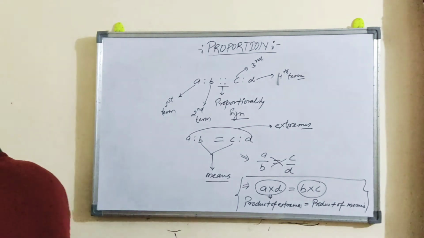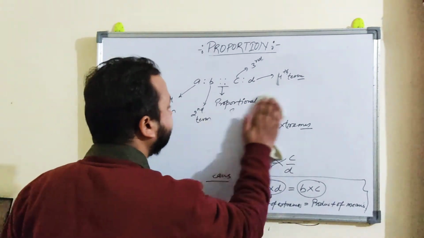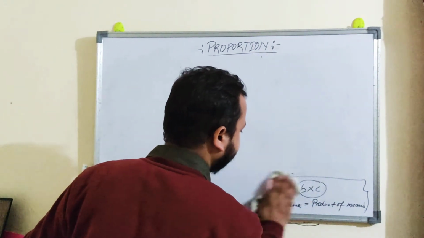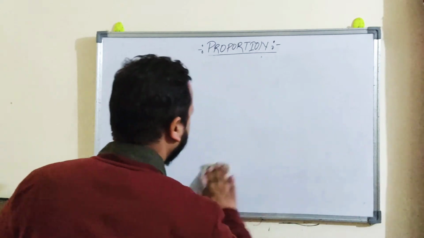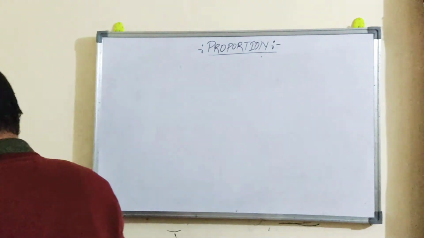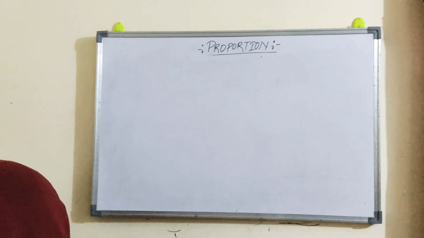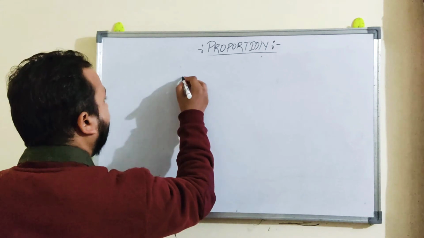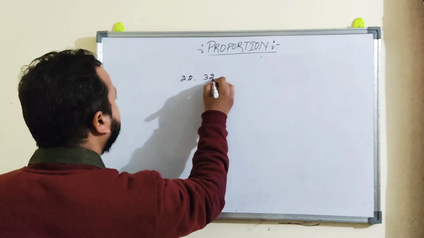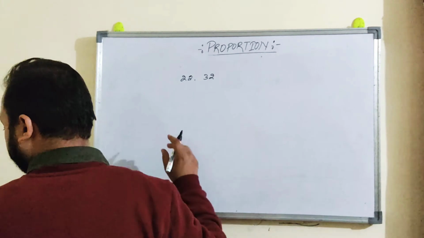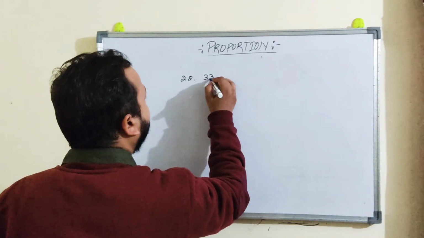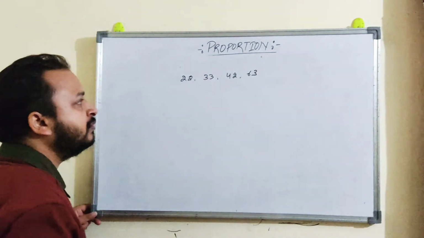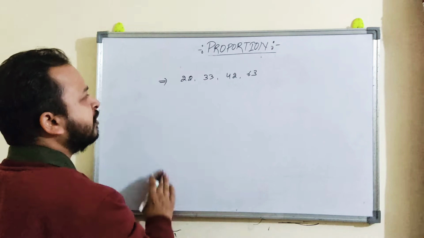We are going to take one example so that you can understand in a better way. So the question is 22, 32, 33, 42 and 63. You have to tell whether they are in proportion or not.